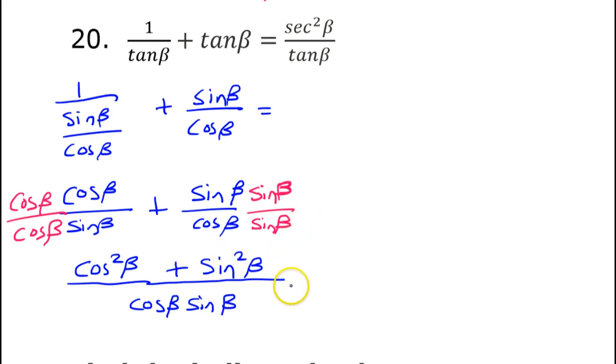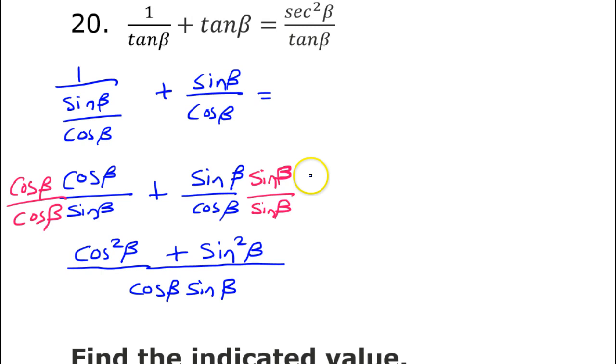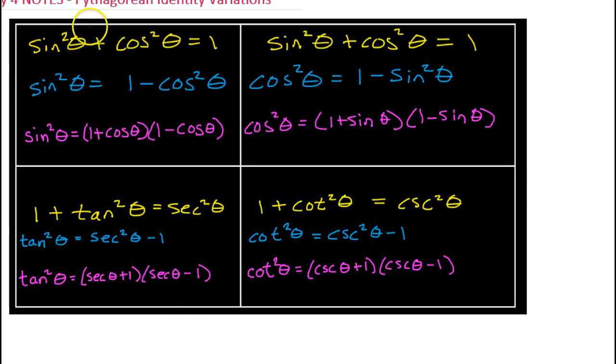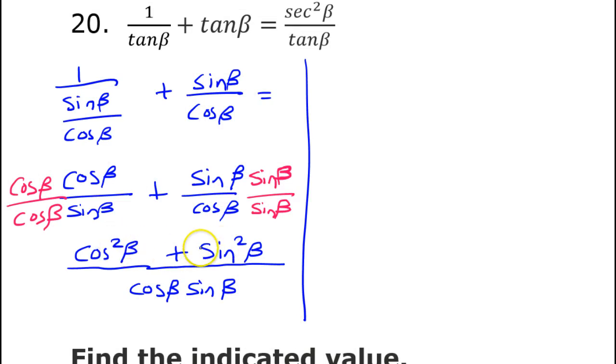Okay, but check it out, I'm gonna need more space. This is my favorite identity, right? Sine squared plus cosine squared is equal to 1. Love it. So cosine squared plus sine squared, that's just 1.